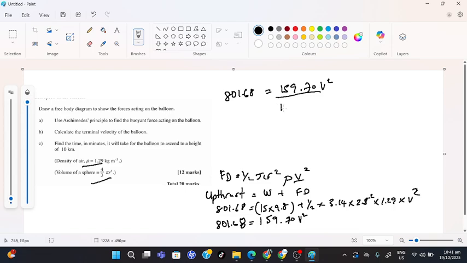Divide both sides by 159.7, and v squared would be equal to 5.02, and I find the square root of that, and that's what I get for my terminal velocity.